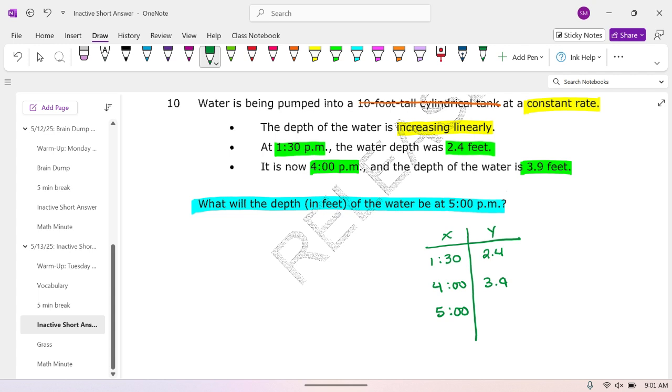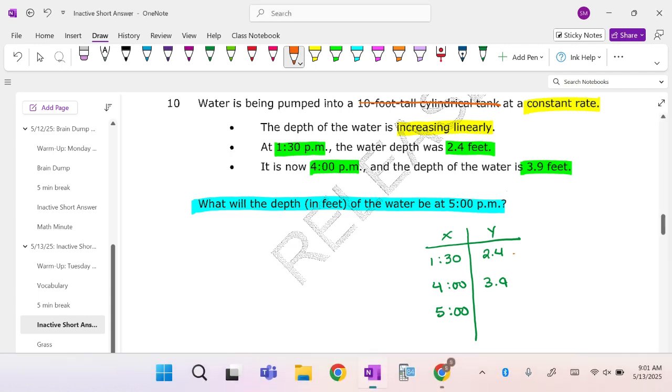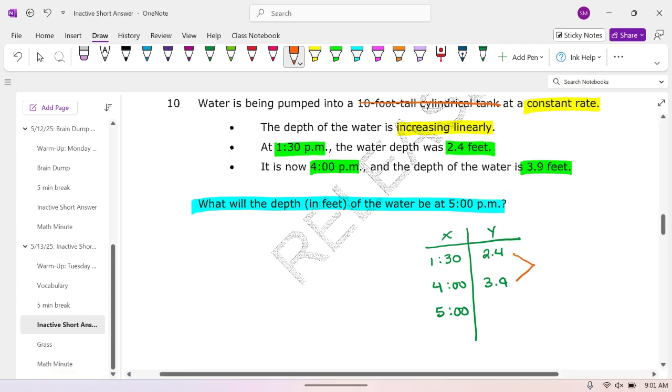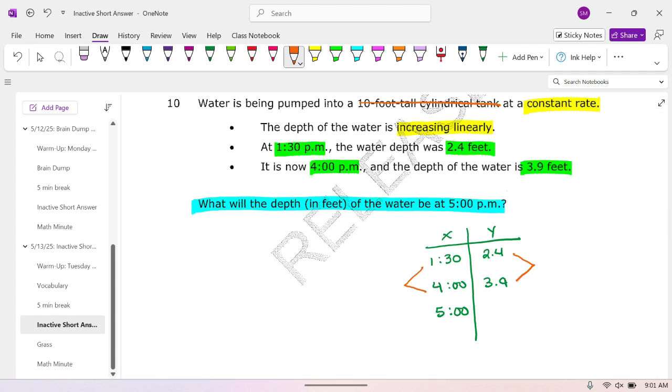Now, whenever they started, we don't know that, but we know that there was zero amount of water in the tank. So there's no y-intercept. So we don't have to worry about that. But we can kind of work backwards here. Remember, whenever you have a table, you can easily figure out the rise over run by finding the difference between the two y's and the difference between the x's.